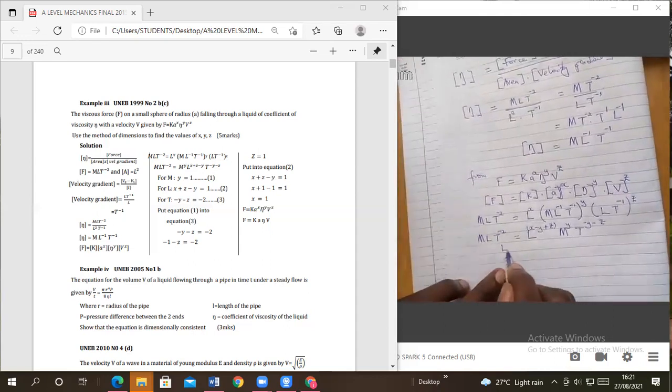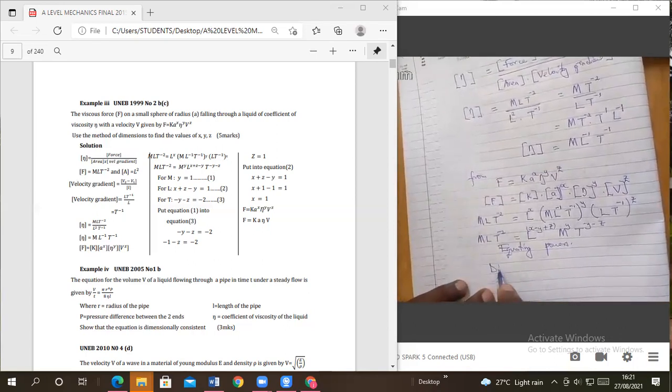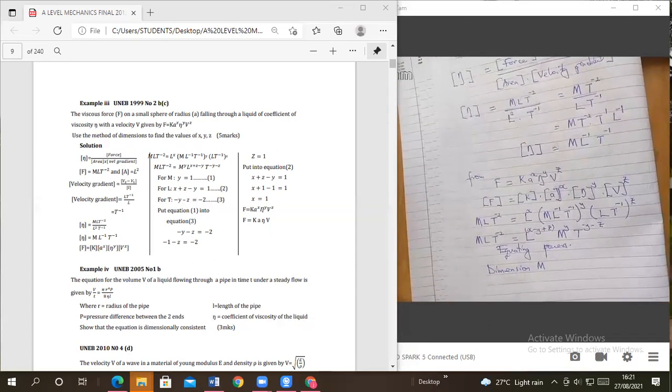Now the next step is equating the powers. So let's start with the dimension of M. What's the power here on the left?